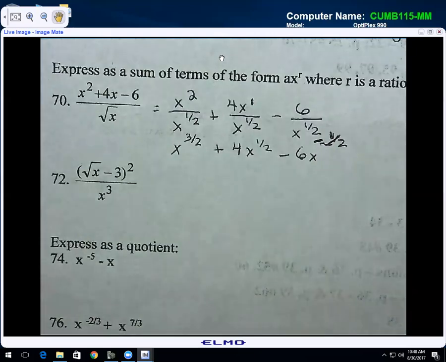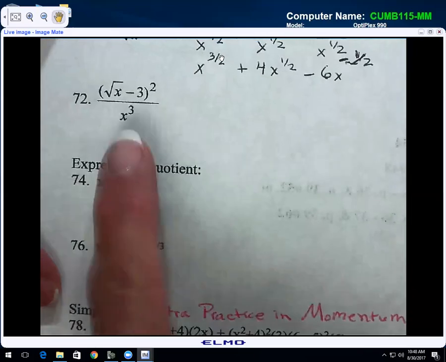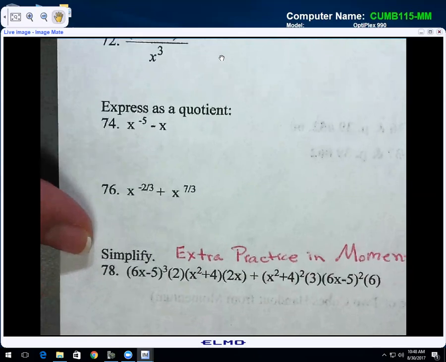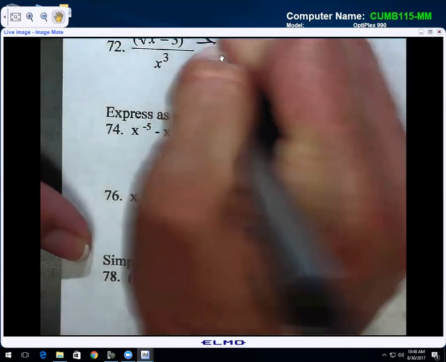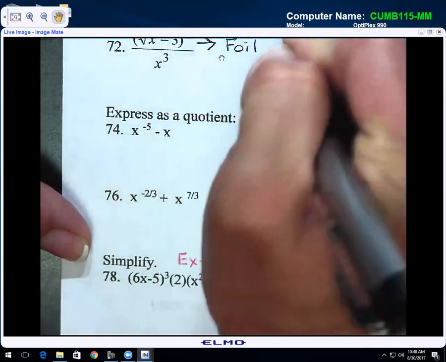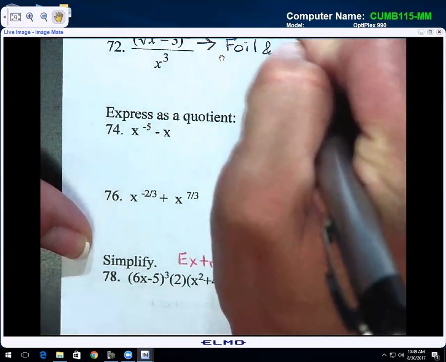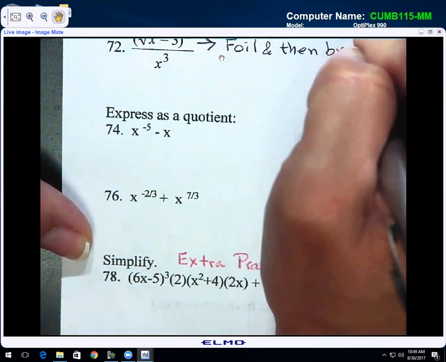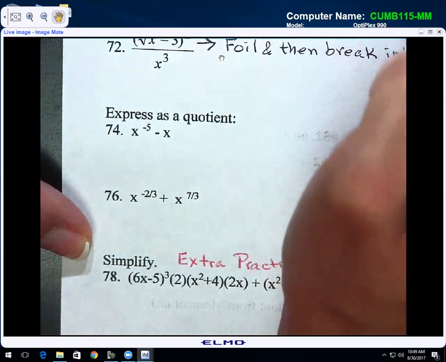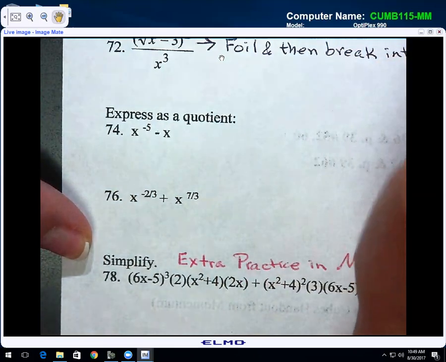All right. Number 72, we don't have time to do it. I'm going to say full, and then break into separate fractions.